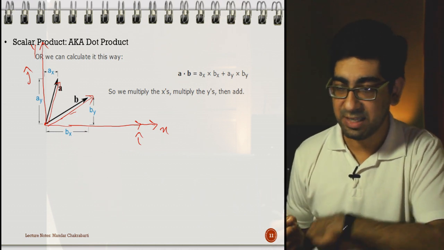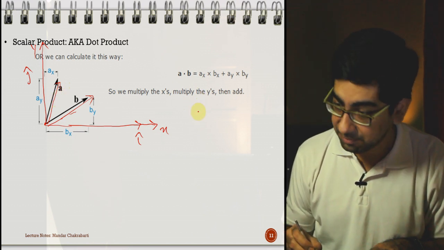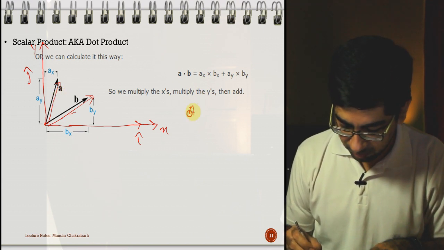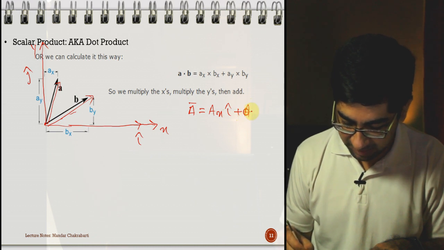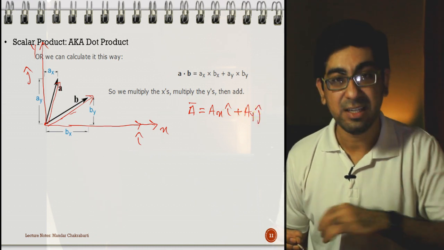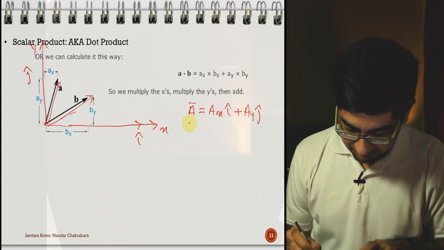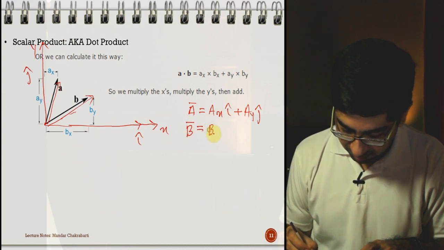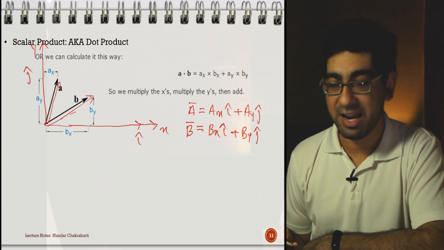So I can write vector A as ax, the magnitude, in the i direction, plus ay, the magnitude, in the j direction. In the same way, vector B becomes bx in the i direction plus by in the j direction.